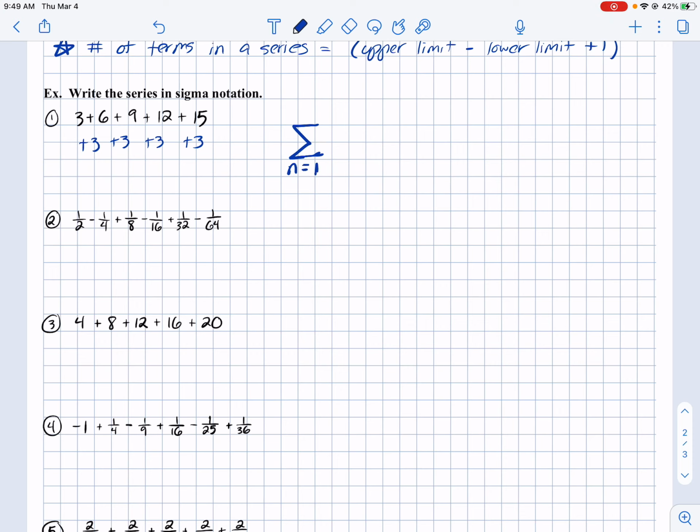We have a total of 1, 2, 3, 4, 5, so we're going all the way out to our upper limit of 5. And then our rule should just be 3n. You could do 3n minus 3, or sorry, just 3n is going to work here, because if you went back to term 0, you would be at 0. So just 3n works, and you have your rule right here.